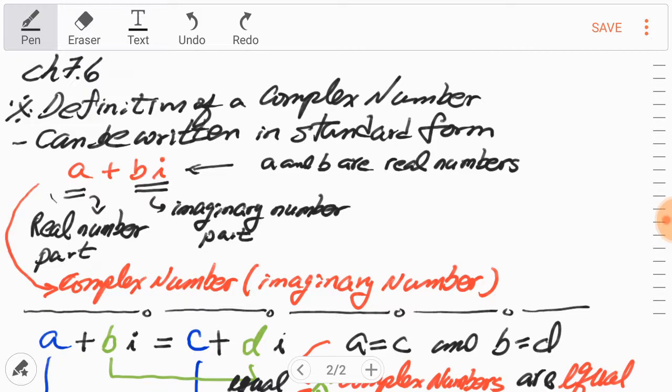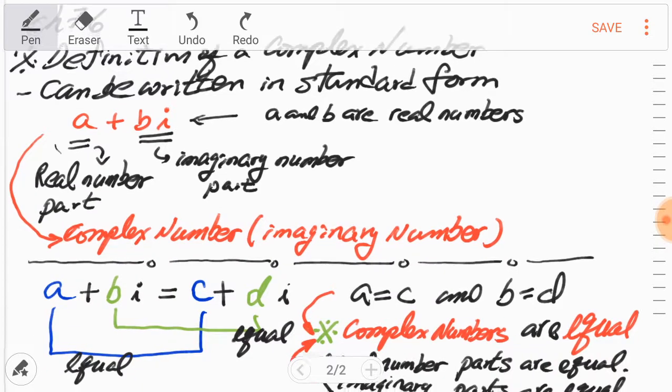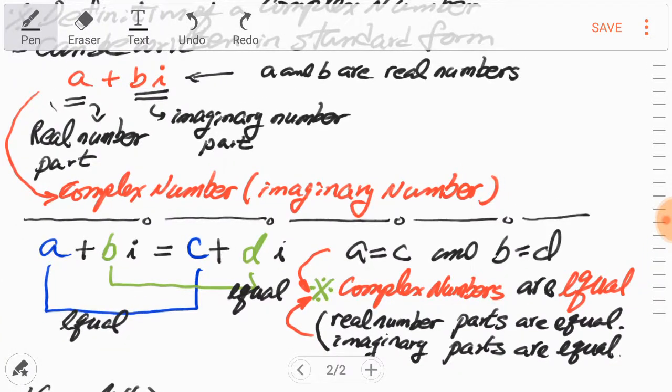Alright, then how do we determine whether two complex numbers are equivalent? We may say two complex numbers are equivalent if the real number parts are the same. So this a part, the real number a, and this real number c are the same, and also the imaginary number parts, b and d, are the same.